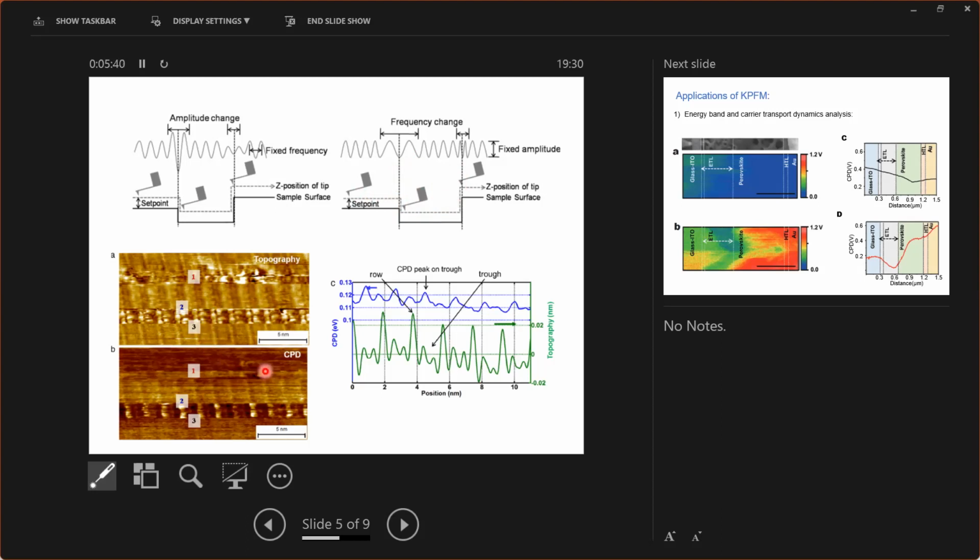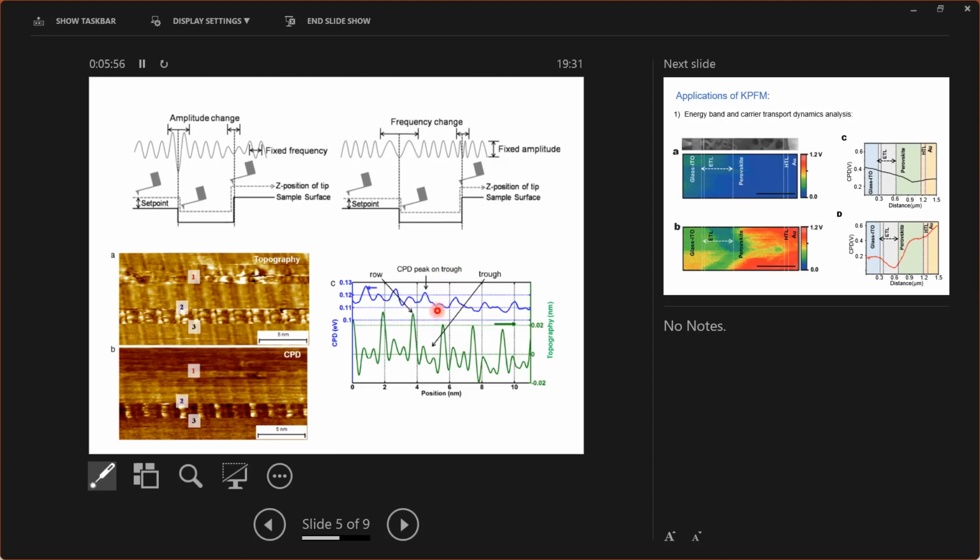From this we get the topography as well as the CPD. Here we can see that the peaks in the topography are coming due to the ridges, and in the CPD the peaks are coming due to the troughs.